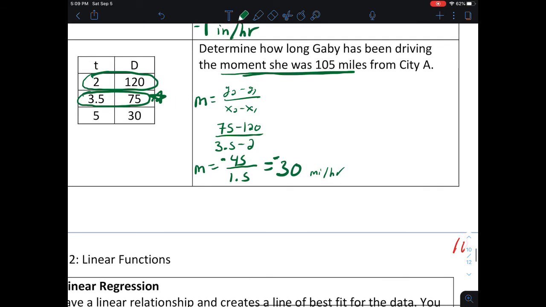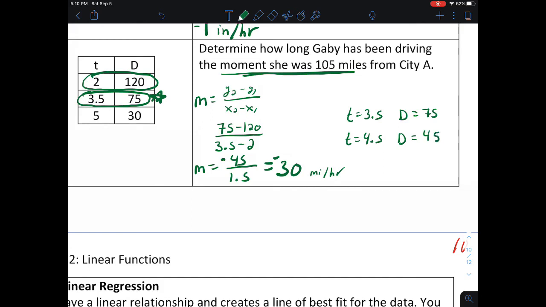So I know when t is equal to 3.5, her distance from City A is 75. For every 1 hour that I add to that time, she's got to get 30 miles closer. So for instance, when time was equal to 4.5, she'd be 30 miles closer. So I'd take 30 away from 75. That gives me 45 miles.